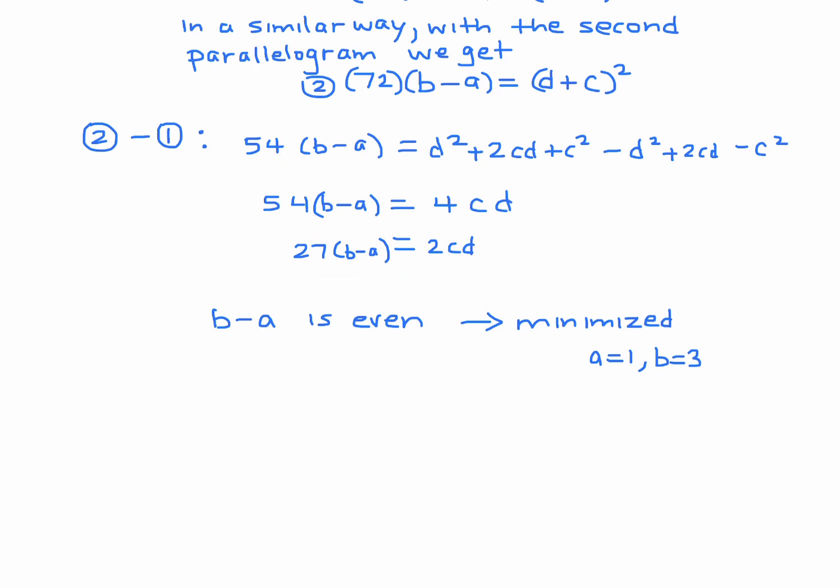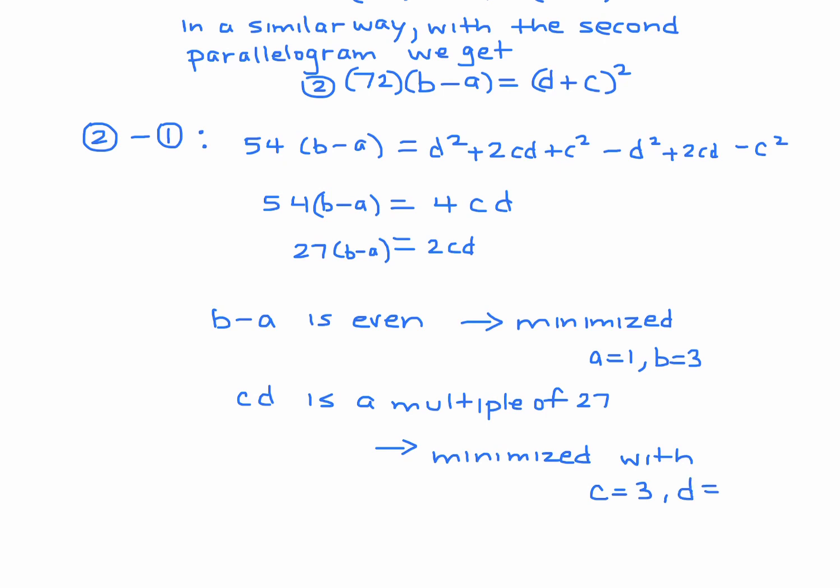Similarly, if you look at this equation, cd is a multiple of 27, and that makes sense to minimize it with the following numbers: c equal to 3 and d equal to 9. If you do that, you get 27, which is the smallest possible multiple of 27. So there you go. Those are my values for a, b, c, and d.